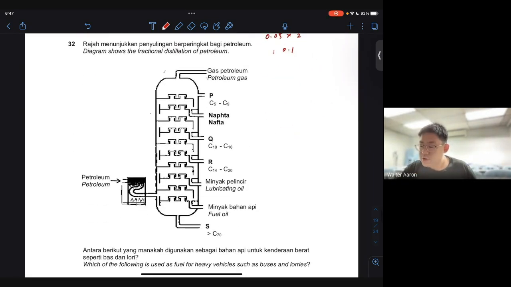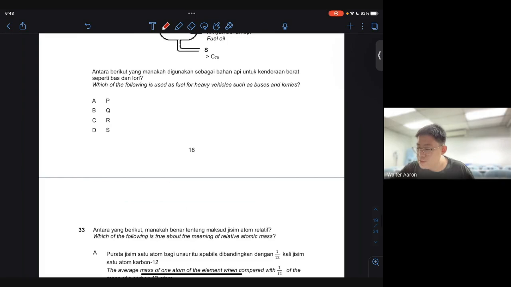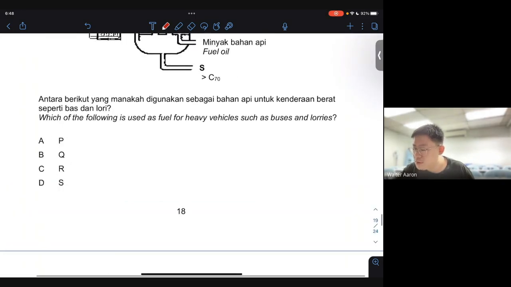32, the diagram shows the fractional distillation of petroleum. We got different fractions that are being produced over here. So we got P, naphtha, Q, R, then lubricating oil, and then followed by fuel oil. Which of the following is used as a fuel for heavy vehicles such as buses and lorries? This is actually referring to diesel, because only heavy vehicles actually use diesels.